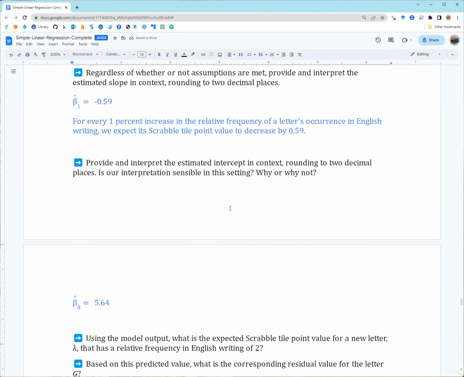So here we would say the expected Scrabble tile point value.